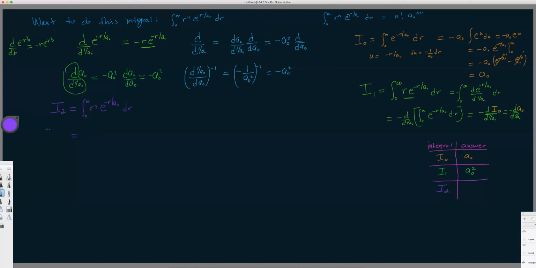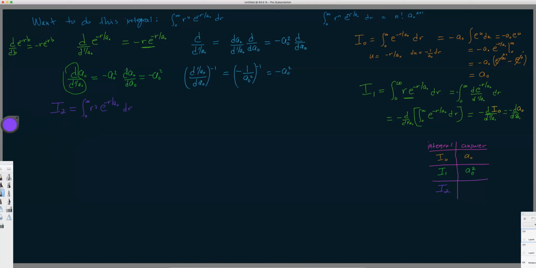D squared of e to the minus r over a naught. Let's see, is that what I want to do? I think it's easier. Give me a second here. I think it's easier not to do that.